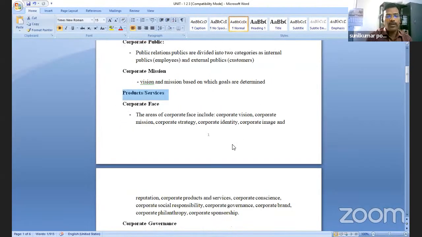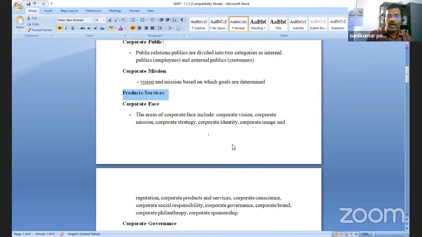Next is the corporate phase. The areas of the corporate phase include corporate vision, corporate mission, corporate strategy, corporate identity, corporate image and reputation, corporate products and services. Some products they have and some services also.